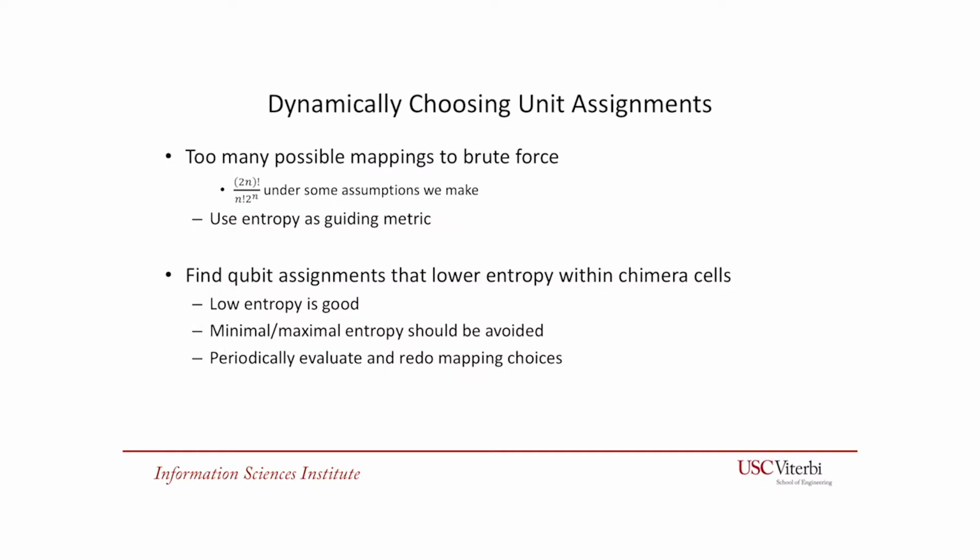First thought is always brute force. Can we just go through every possibility and choose the good one? If we do a quick counting exercise, it turns out we have exponentially many possibilities. We don't want to do that. So we need to be a little more intelligent. We took the step of using entropy as a guiding metric to choose how to map variables onto qubits. So when we're using entropy, we're looking at entropy within chimera cells.